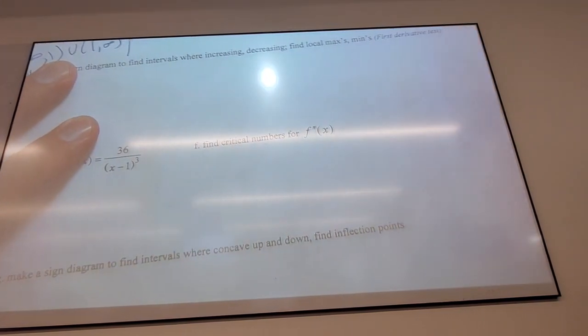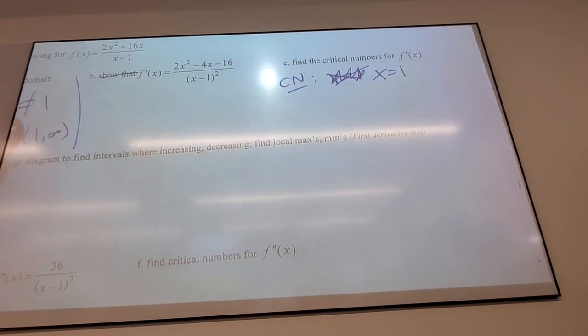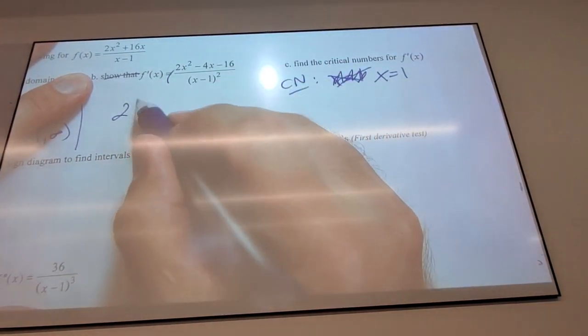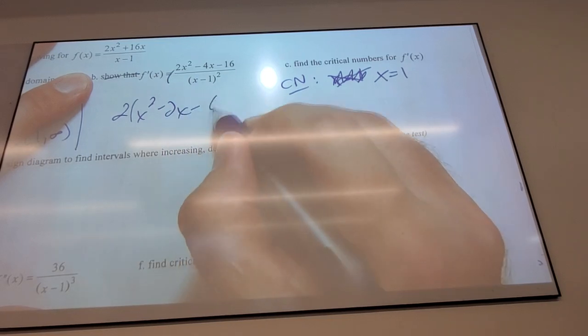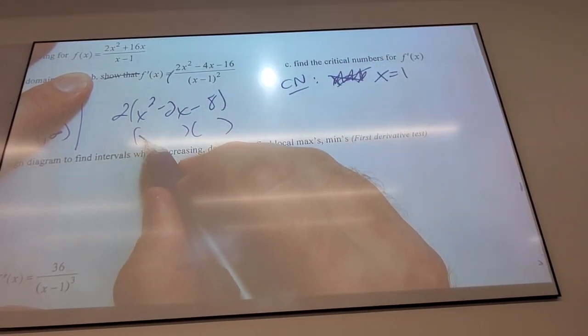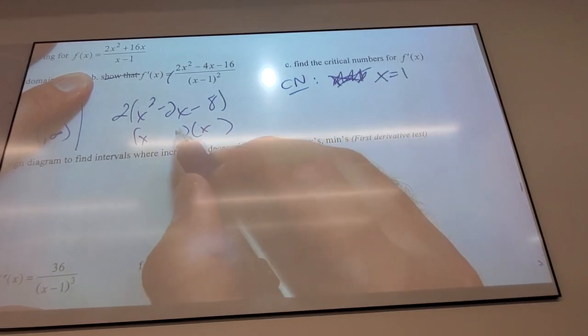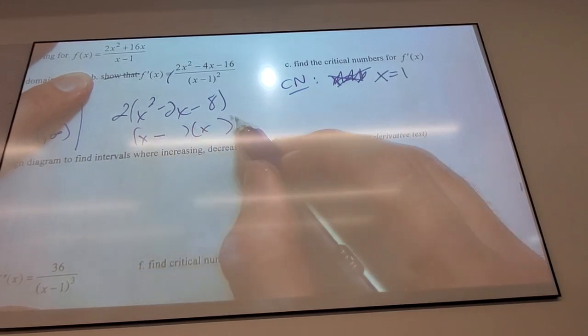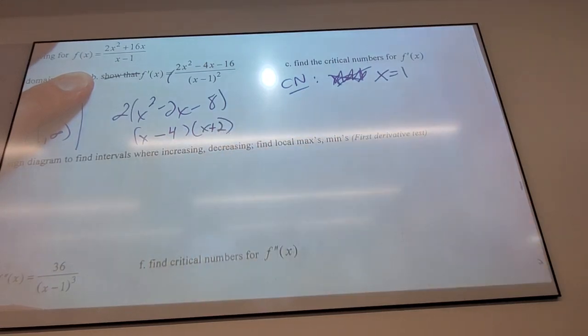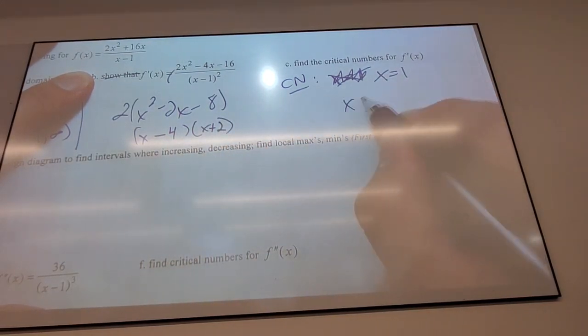What are the other critical numbers going to come from? Zeros of the numerator. So if I take a 2 out of the top, how do you factor this? x minus 4 and x plus 2. Yes. So what are my other critical numbers? 4 and -2.